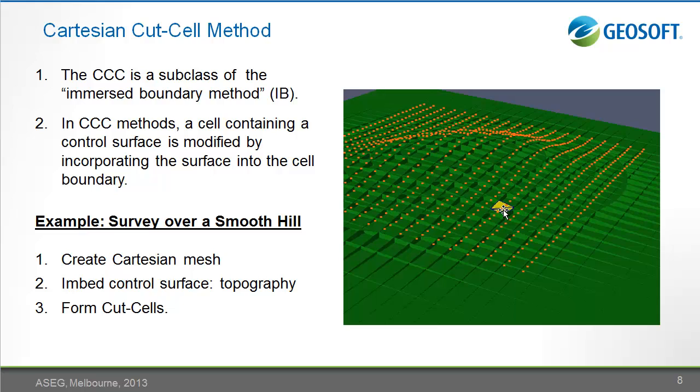And what we're going to do is fill in, if you like, a set of cut cells over the top of these prism elements to make the entire surface exactly conform to the terrain. So I'm showing you one element here. As I zoom in on that, it'll become a little clearer.